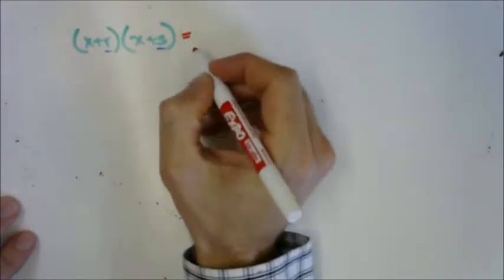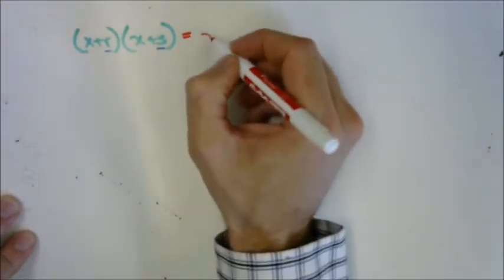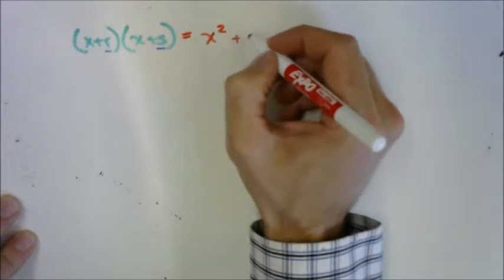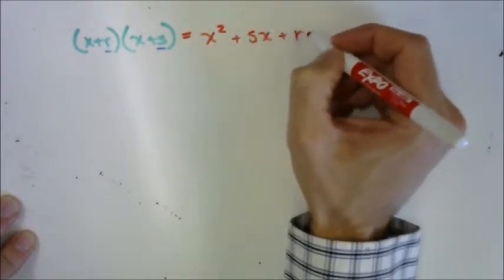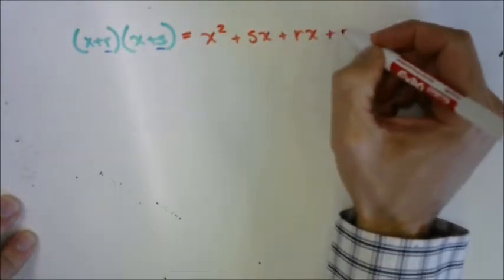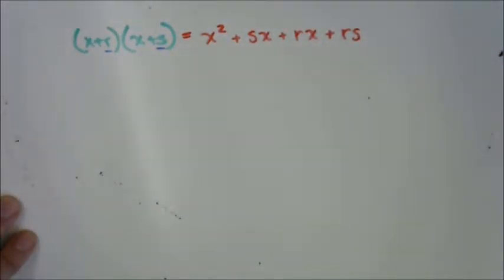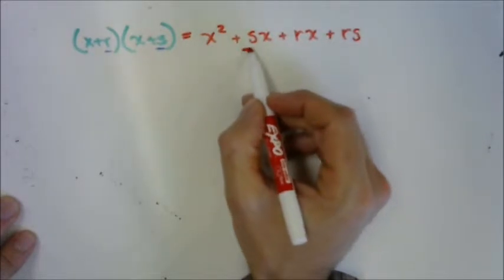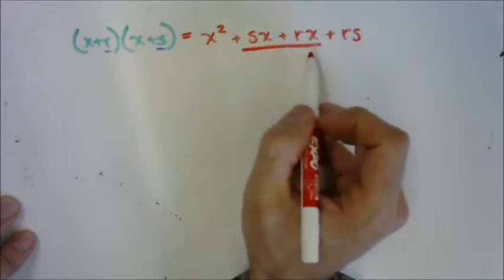Well, if we used our distributive property on this, we'd end up with first times first, which is x squared, outside times outside, which is s times x, inside times inside, which is r times x, and last times last, which is r times s. What do these two terms have in common? They have x in common. They're both x's.